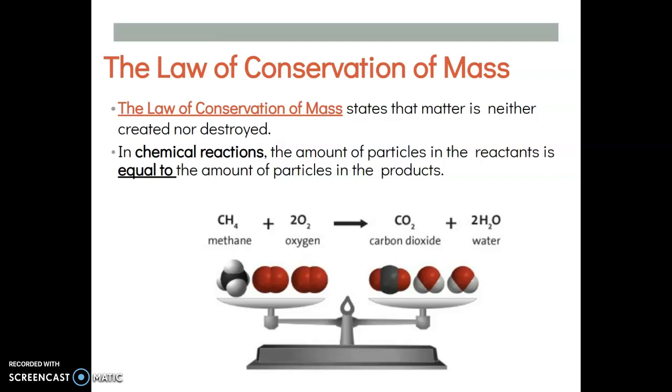It basically means the amount of substance of your reactants equals the amount of your products every single time. Because, again, matter can't be created or destroyed, so that means it has to balance out. So when we're balancing equations today, we just have to make sure that there's the same number on the left as there is on the right.